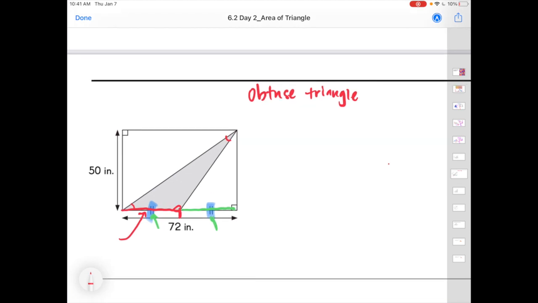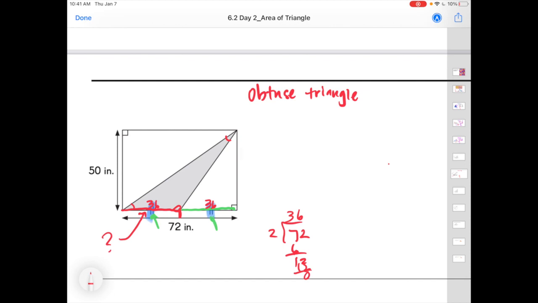And so if we were to divide 72 in half, which is what they're doing, then we would know what that base's measure is. So 72 divided by 2 is 36. So we know that this side length's measure is 36 and this side length measure is 36.